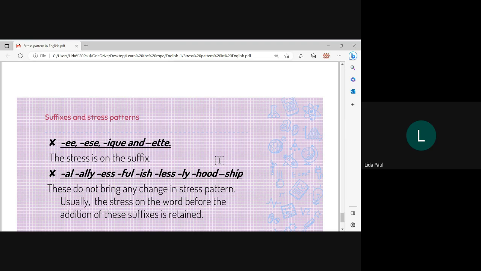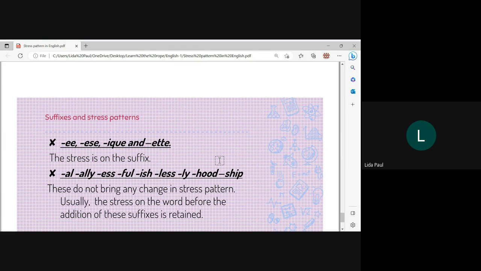Another important thing, computer. Where is the stress in computer? Compute. Computer, where do you mark the stress? The second syllable, right? Compute.